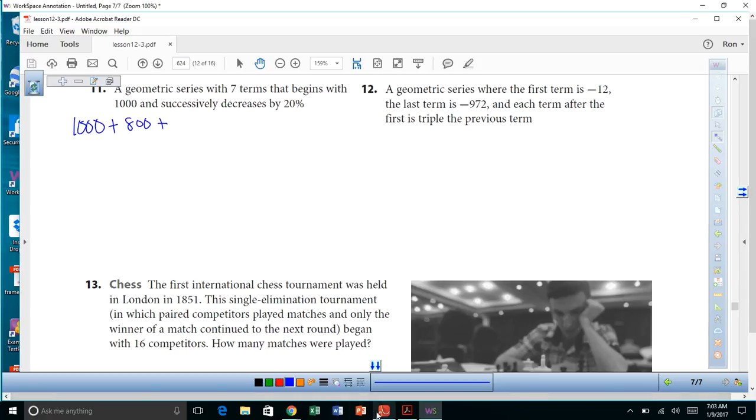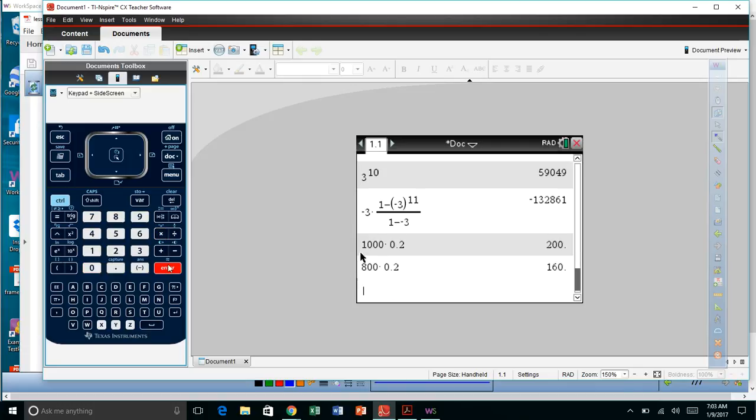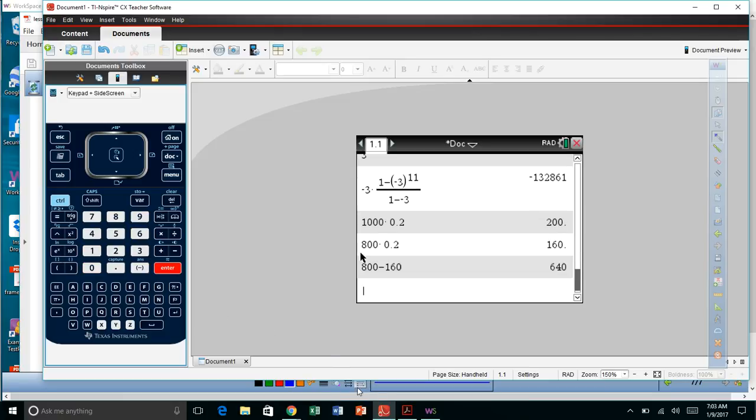Plus, and then 800 times 0.2, that's 160. So 800 minus 160, that's going to be 640.